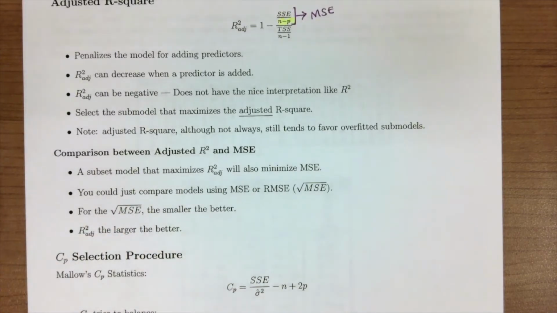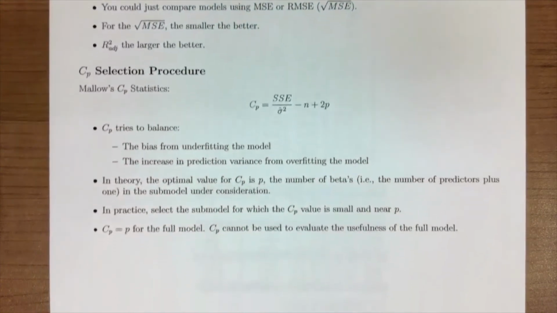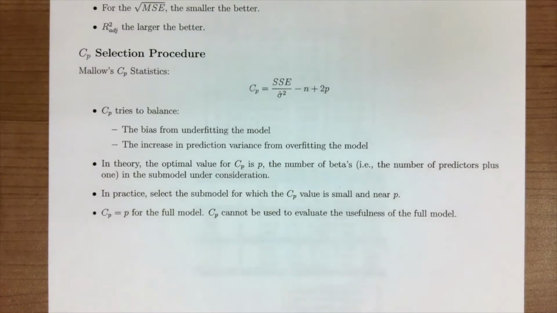Now, our third statistic that we're going to look at is called the Mallows Cp statistic. Mallows Cp is pretty cool, and it's really interesting because it's going to be doing this balancing of underfitting and overfitting to try and figure out what the best model is.